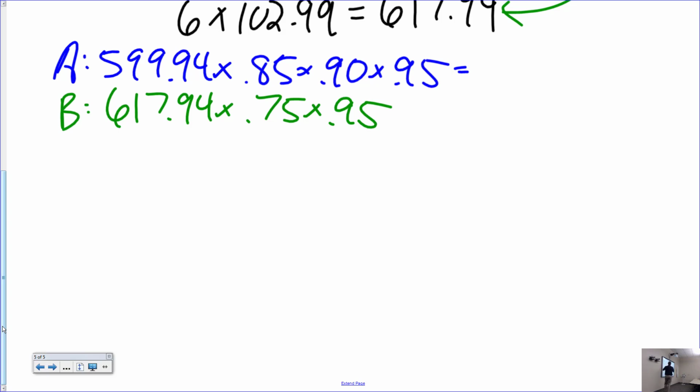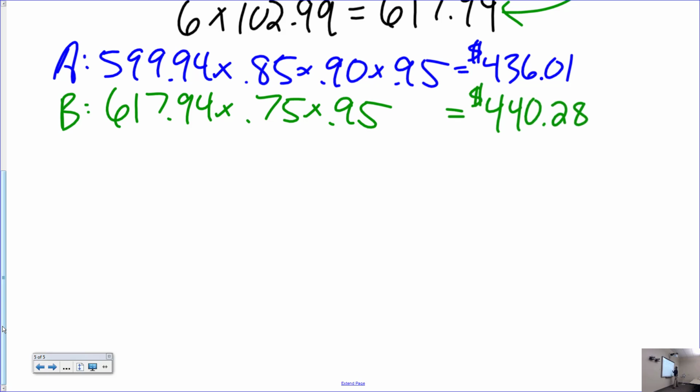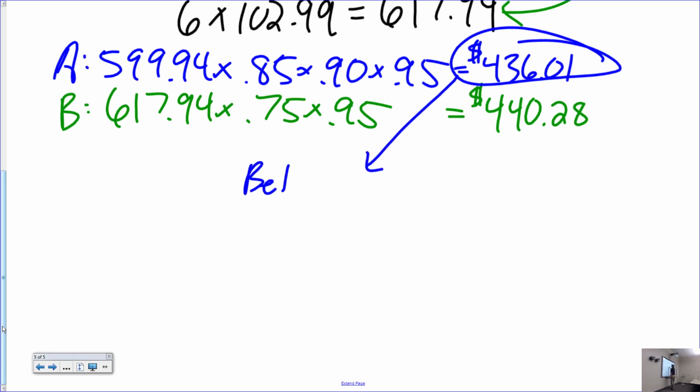So how much for cell phone A? $436.01. Okay. And how much for cell phone B? $440.28. So which one's a better deal, folks? The cheaper one, the $436.01. And how much is it better by? $4.27.